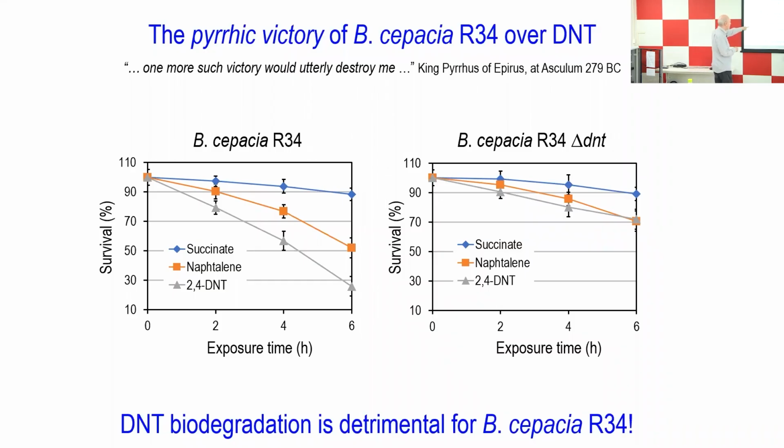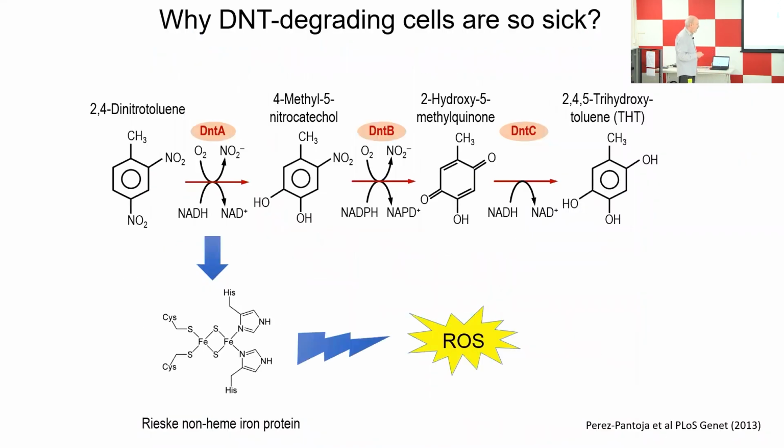So when they are in 2,4-DNT, then the population drops. The gray line is the one where the carbon source is just DNT, correct? Well, when cells do not have the genes to metabolize DNT, how can they grow? In this case, and this goes into the detail of the experiment, we maintain the cells on succinate, and then we add either naphthalene or 2,4-DNT. Okay, good question.